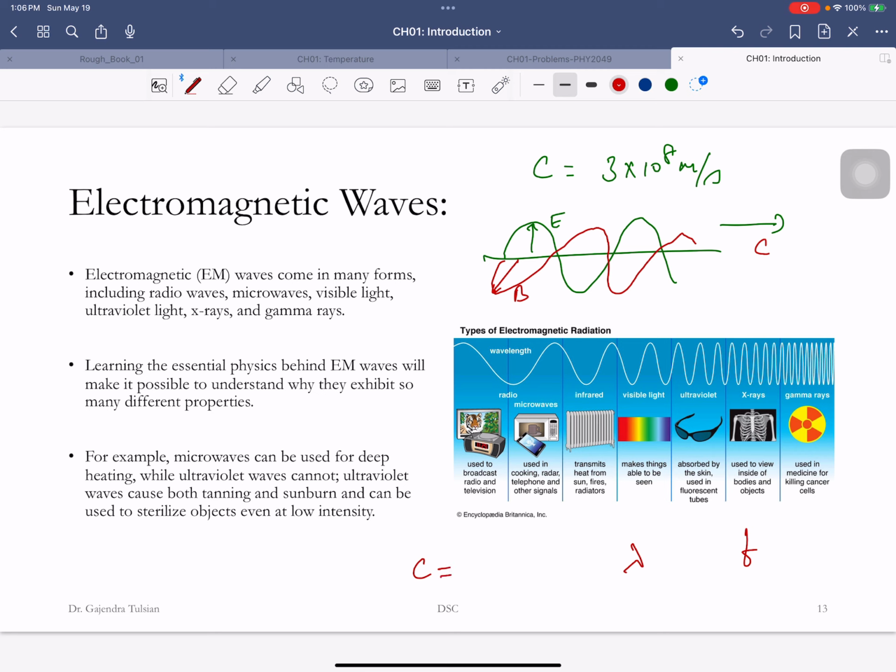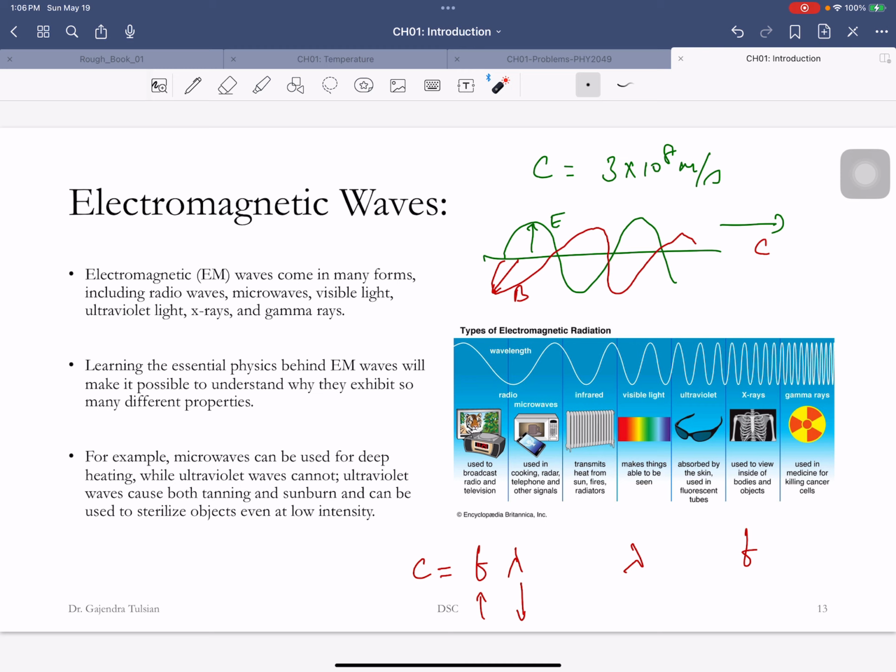The speed of light is given by frequency times wavelength. As the wavelength decreases, frequency increases. The higher the frequency, the higher the energy of the electromagnetic wave.